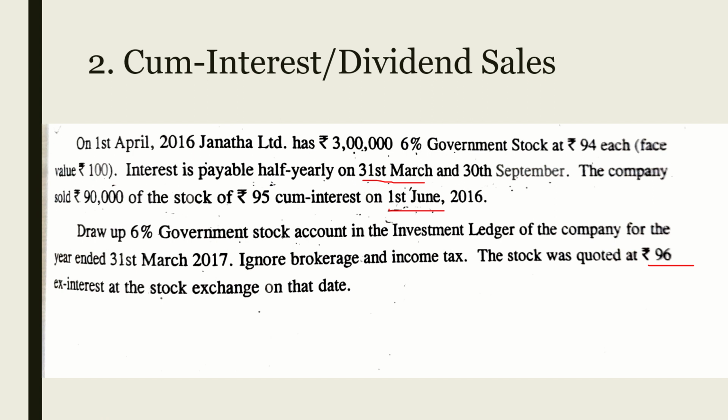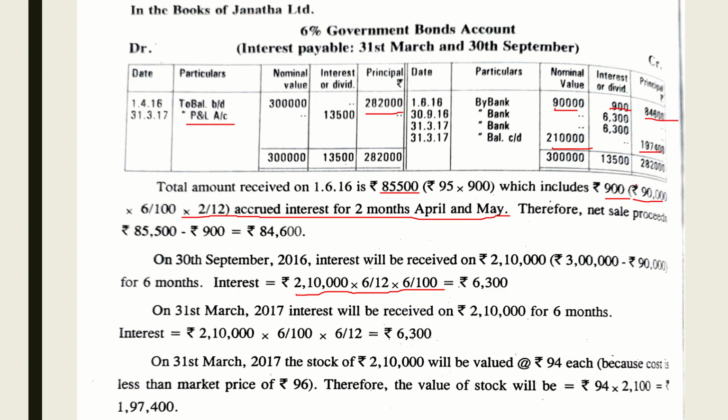Here there was a quotation price, that is 96 was the market price. Cost price was 94. So which is less? Cost price is less, 94 is less. So it is taken on the basis of cost price.